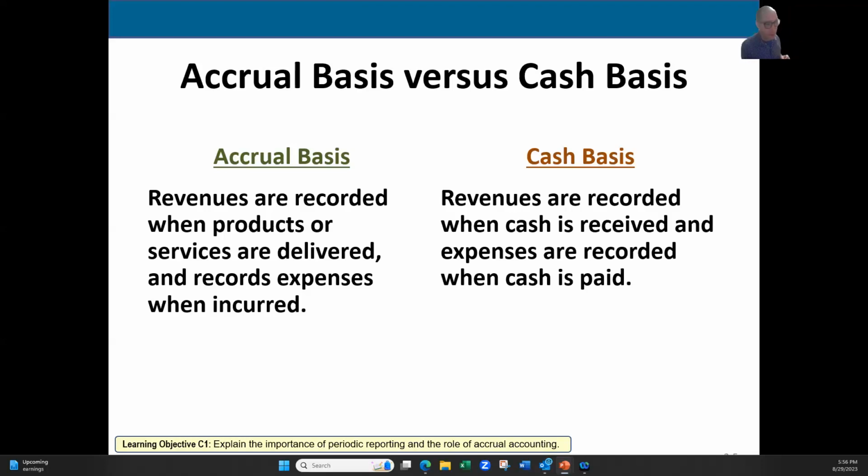The reason why accounts receivable and accounts payable are accrual-based accounts is because we're receiving or paying based on when the products were received or delivered. We received the bill, we haven't yet paid it.